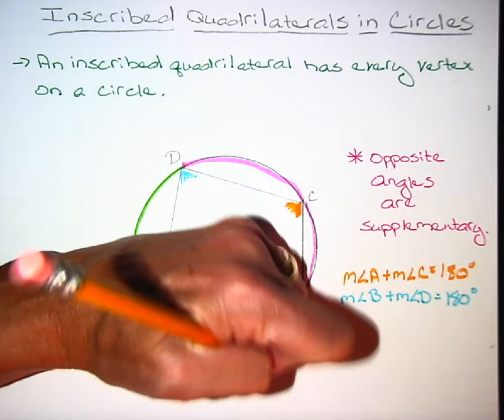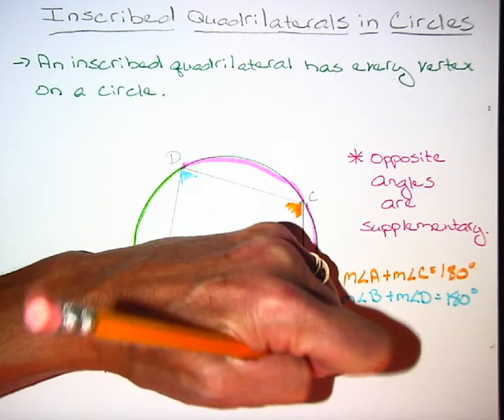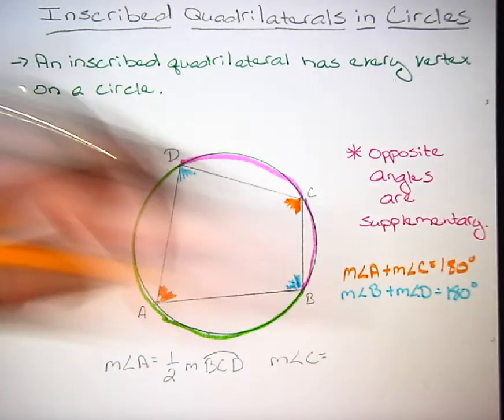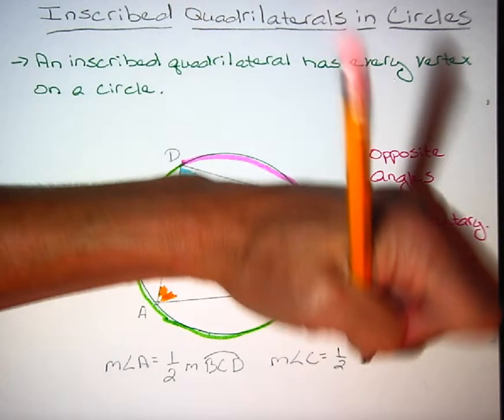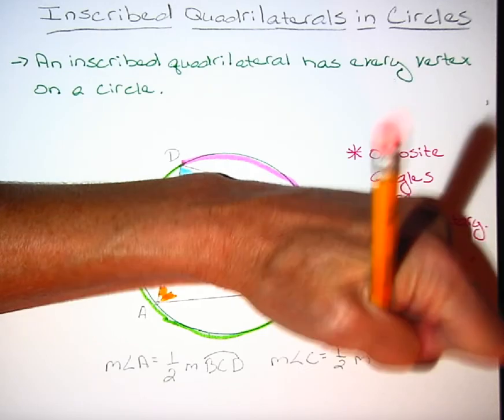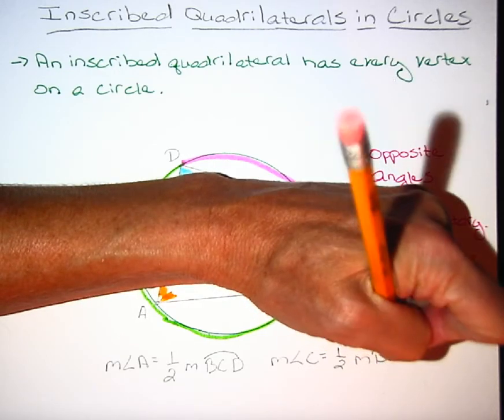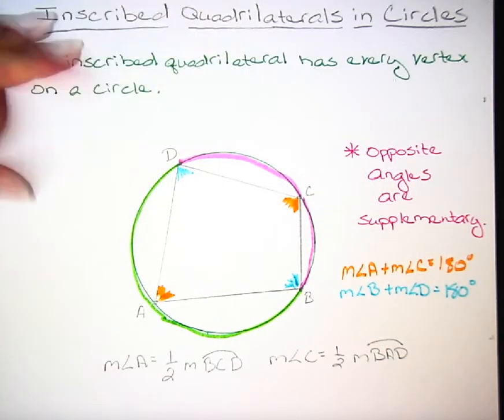So the measure of angle C equals 1/2 the measure of arc BAD.